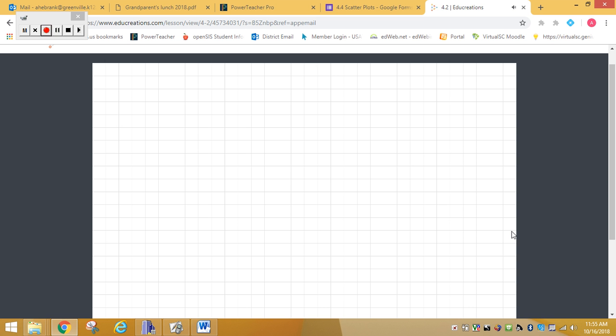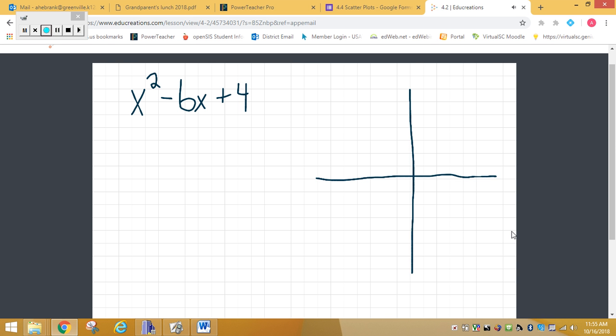All right. So here we go. Here's one where we're not going to get nice, pretty numbers. X squared minus 6x plus 4. So let me do my graph. I'm going to plot my y-intercept, 1, 2, 3, 4, which is up here at 4. And I'm going to type it in my y equals. So I have x squared minus 6x plus 4. I'm going to make my table.